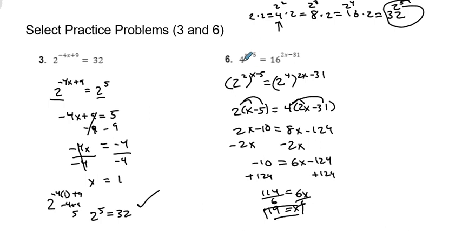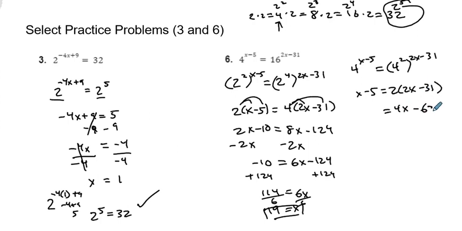You can leave this alone and rewrite 16 as 4 squared. So you go 4 to the x minus 5 is equal to 4 squared to the 2x minus 31. Then you set these exponents equal to each other. So you have x minus 5 is equal to 2 times 2x minus 31. That's x minus 5 is equal to 4x minus 62.